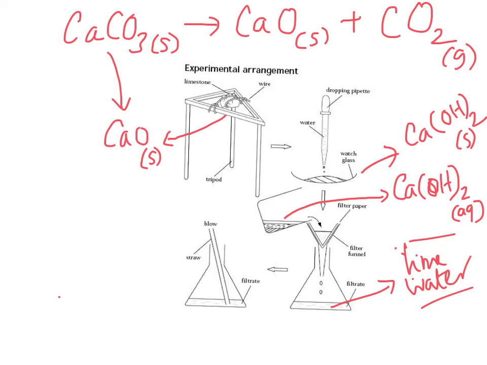Now, when this calcium hydroxide aqueous solution, which we call lime water, has carbon dioxide passed through it, like what you see here, where you're blowing through and passing carbon dioxide, the calcium hydroxide reacts with the carbon dioxide, forming calcium carbonate again.